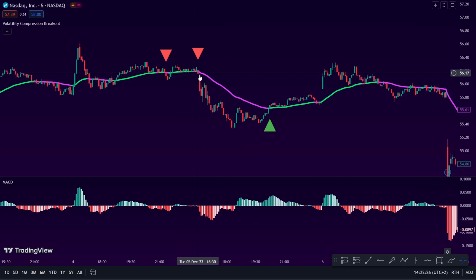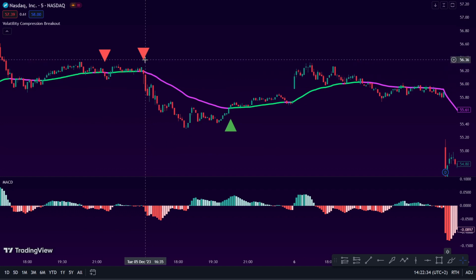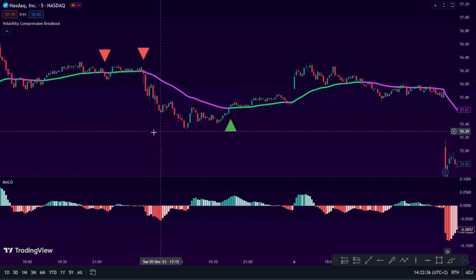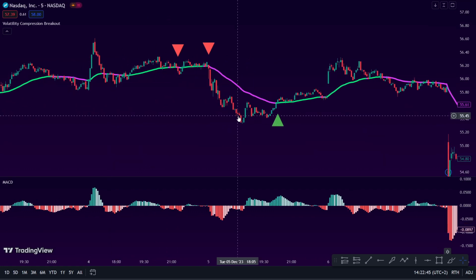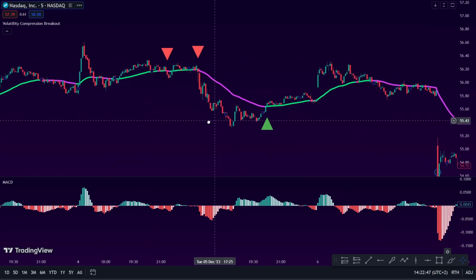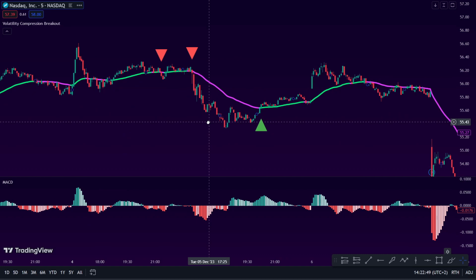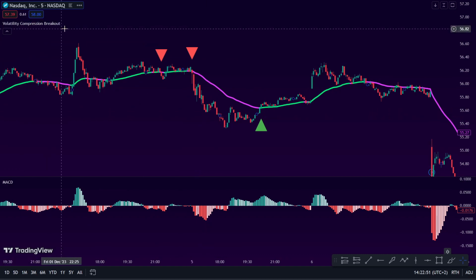For example, I take this red candle sell signal, put the stop loss here, and make the risk reward ratio at least 2. In summary, the video provides a powerful trading strategy combining the volatility compression breakout indicator and MACD.